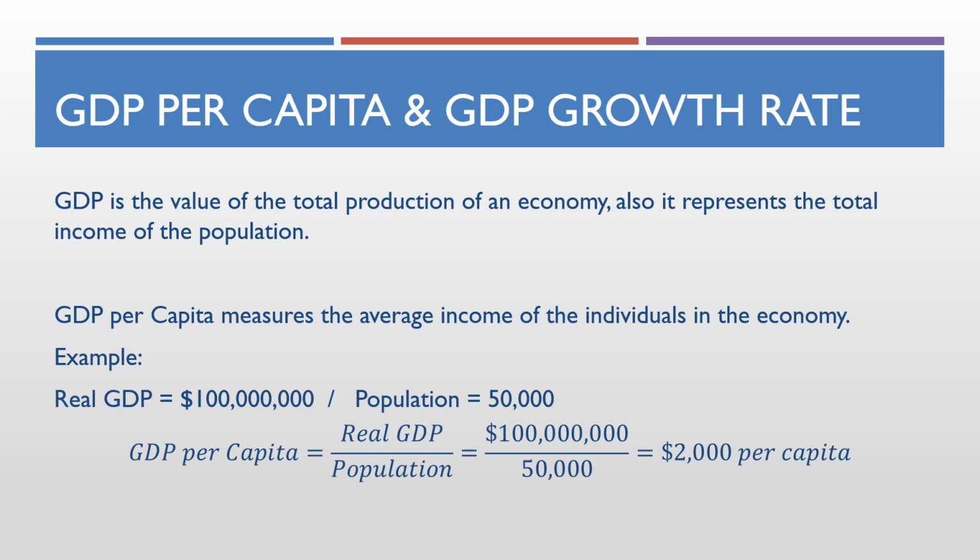As a result, the per capita GDP is $2,000. So on average, everyone in the economy has $2,000 of income. This is a way we can compare the well-being of populations across different countries, instead of using the general real GDP measurements across time and regions.